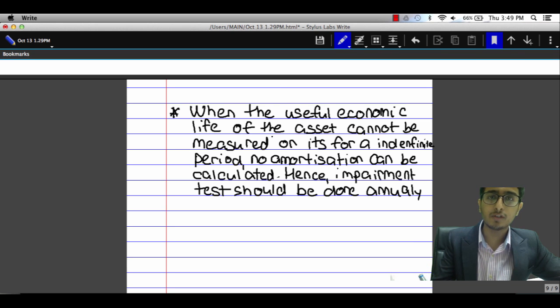When the useful economic life of the asset cannot be measured, or it's for an indefinite period, this means that it's forever. No amortization can be calculated. So what we do is we have to do an impairment test or an impairment review every year.